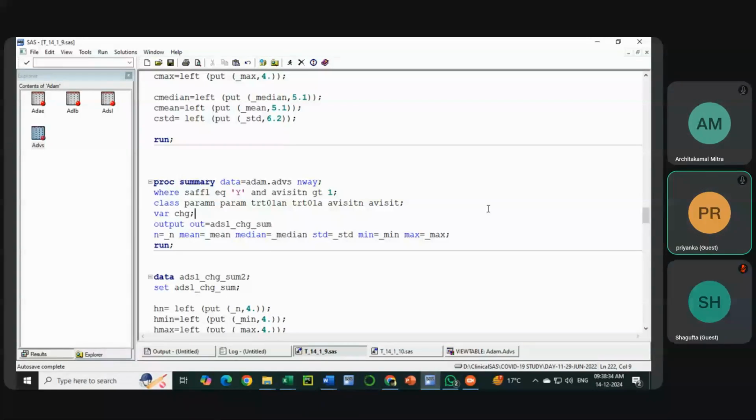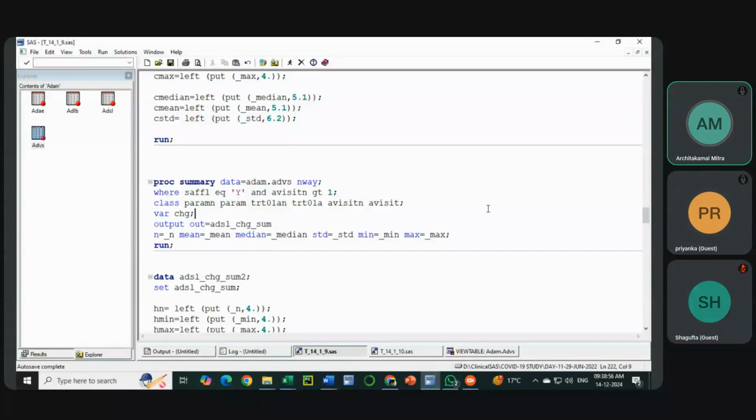So we can do this with proc means also, right? Absolutely. But have you done proc summary before? No. So this is where you can learn proc summary. It's basically the same thing. When you execute this code, you will easily understand that these two are the same thing.